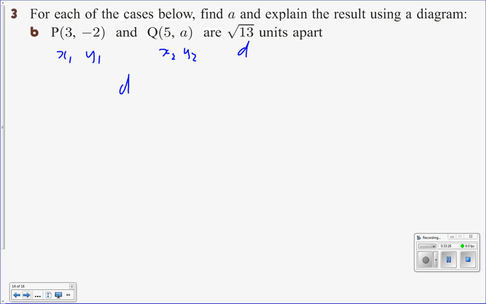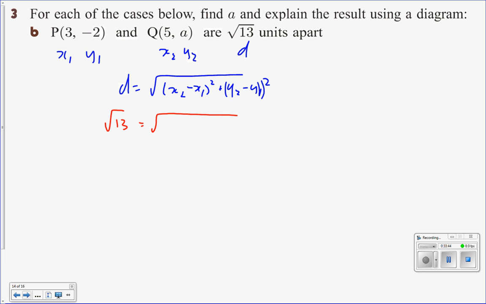So D equals square root x2 take x1 squared plus y2 take y1 squared. So now we're going to substitute in. D happens to be square root 13 equals square root x2, which is going to be 5, take x1, which is 3, all squared, plus y2, which is a, take -2, all squared.